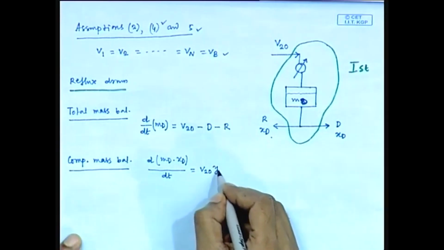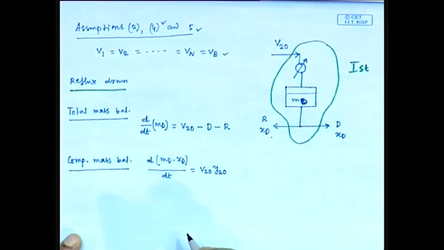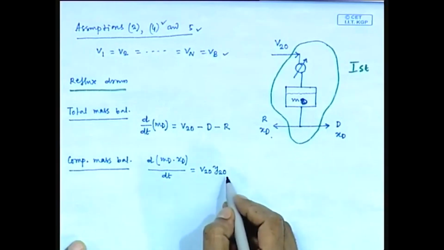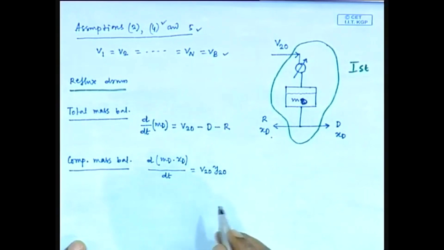This is a vapor stream, so vapor composition we will represent by y and liquid composition by x. So, V20 multiplied by Y20. Agree? The vapor flow rate is V20 and its composition is Y20.